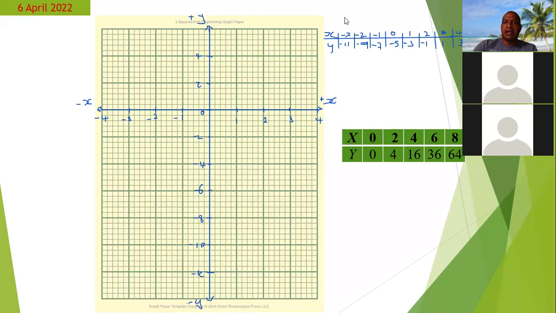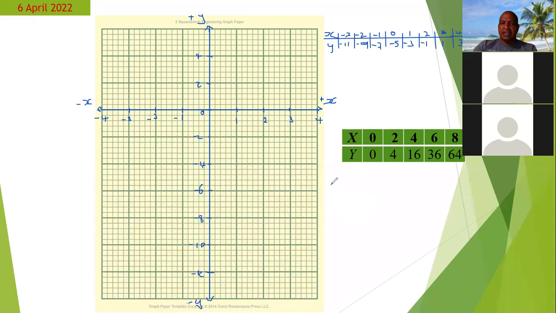Now, once we have calculated our scale, we need to write down our scale. On our x-axis, you notice that we are using 1 centimeter to be 1 unit on our x-axis. So you need to write your scale for your x and your y-axis.